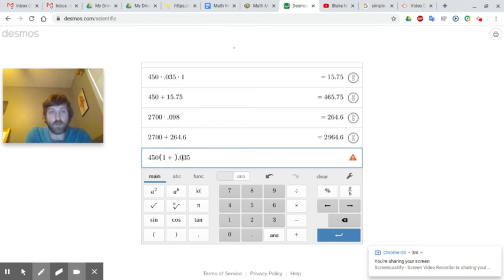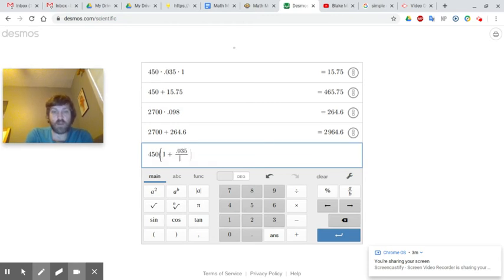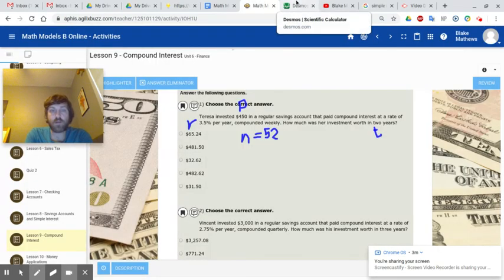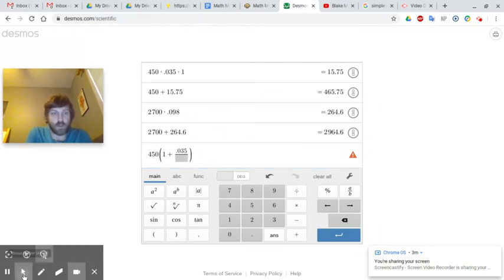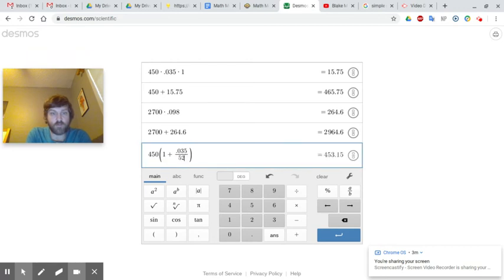Notice how I did a decimal form like we did in the last lesson, and then divided by N. N is 52. So I'm going to click in this bottom down here, and I'm going to put my 52 right here.